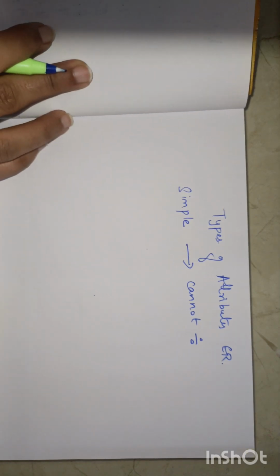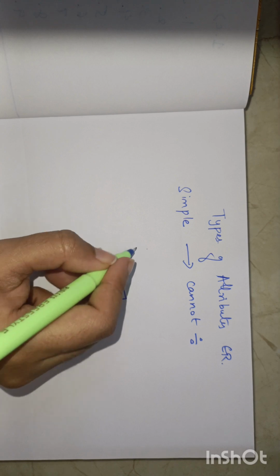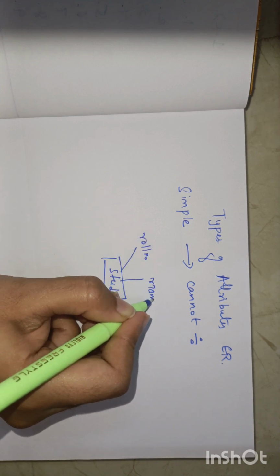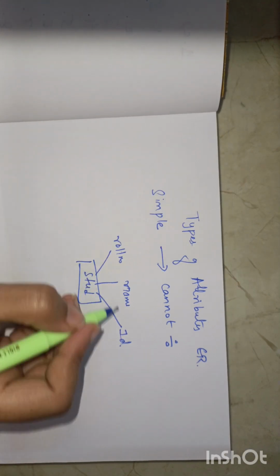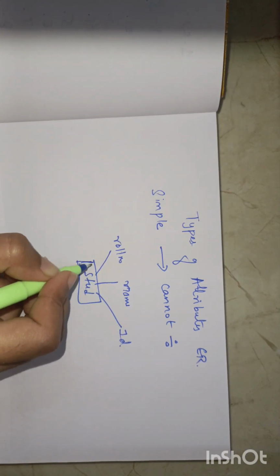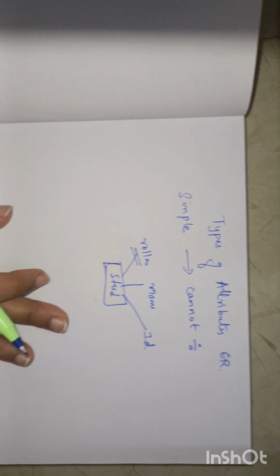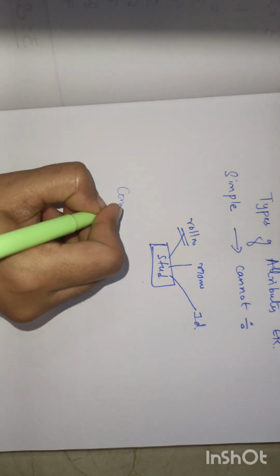Let's take an example of a student who has a roll number, name, and an ID. So these are some examples of a simple attribute like roll number that cannot be divided further. Next is composite attribute.